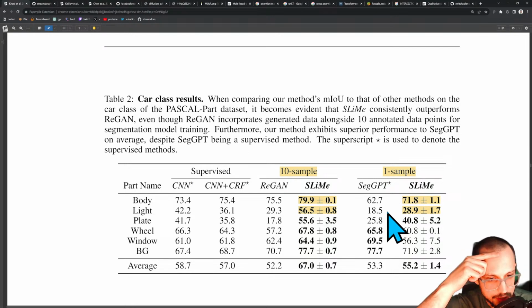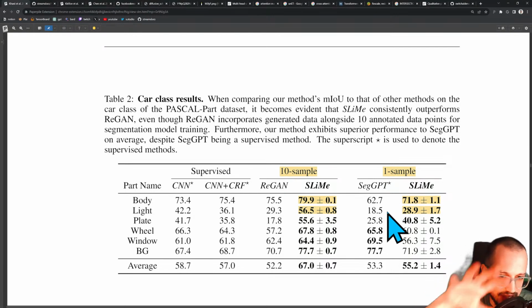So this is where it gets interesting, right? Because fundamentally, the intelligence of SLiME is coming from Stable Diffusion, and Stable Diffusion has built a very complicated internal relationship and representation between text and images.